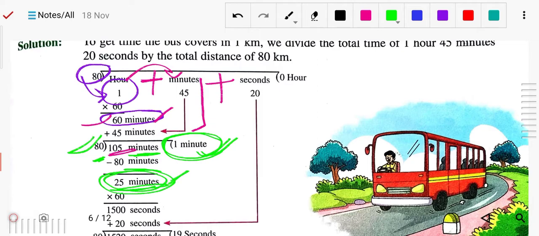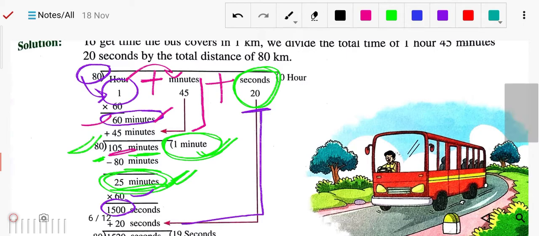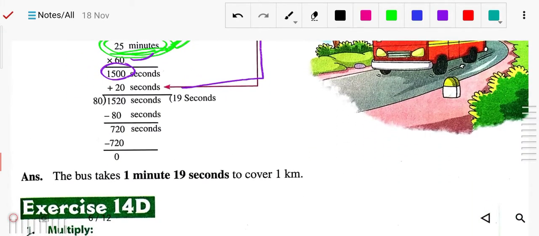This remainder we now have to change to seconds, because we have more terms here, seconds. So this remainder we will change to seconds. Again it is multiplied by 60. Now we have 1500 seconds. Now 1500 plus this 20, because this 20 also has to be divided. Now 1500 plus 20 becomes 1520. Now it is divided by 80.